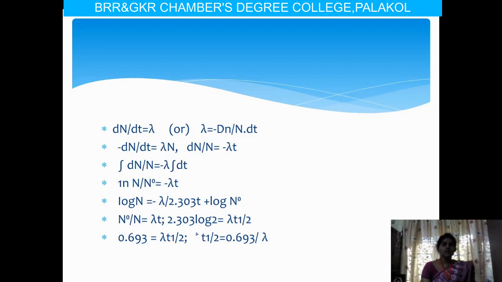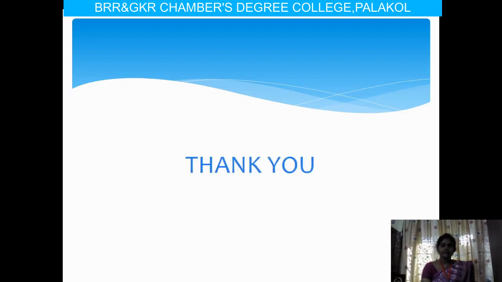Finally, we get 0.693 is equal to lambda t half. Therefore t half is equal to 0.693 by lambda. So this is the rate of radioactive decay. Thank you.